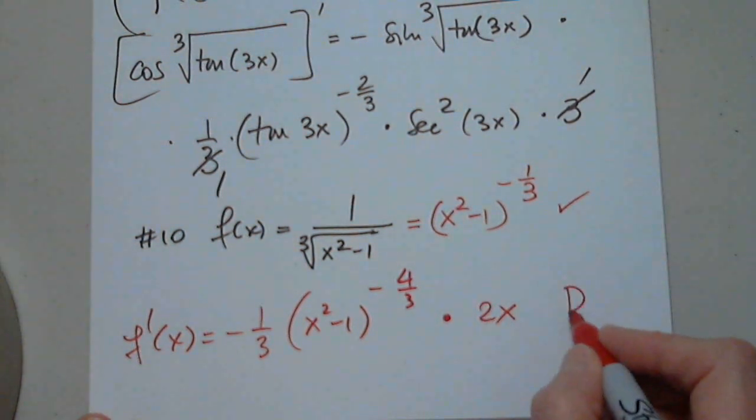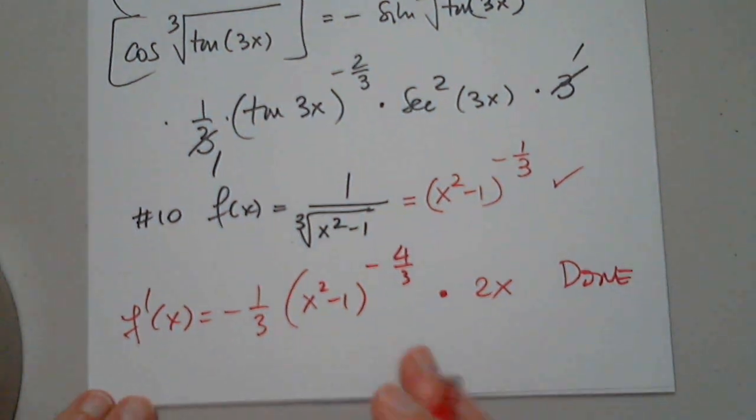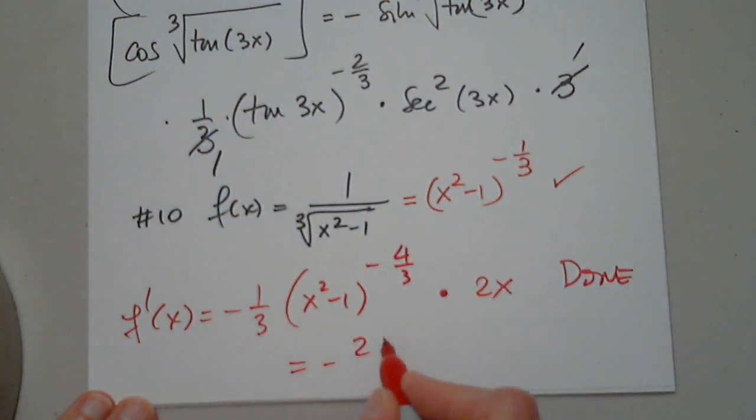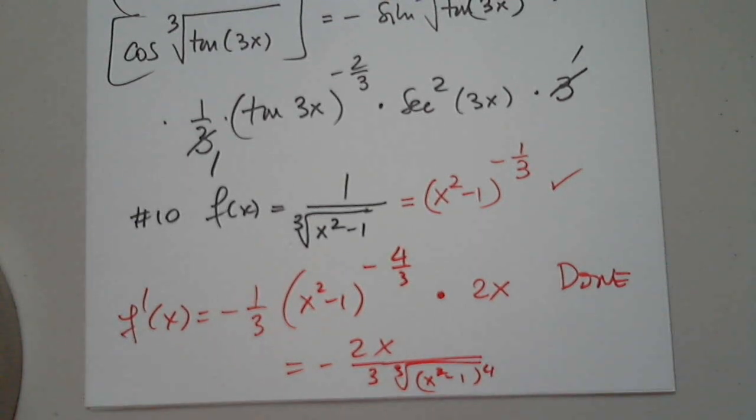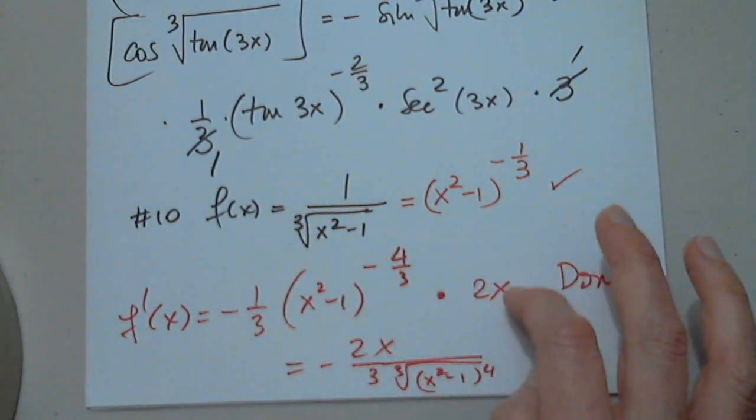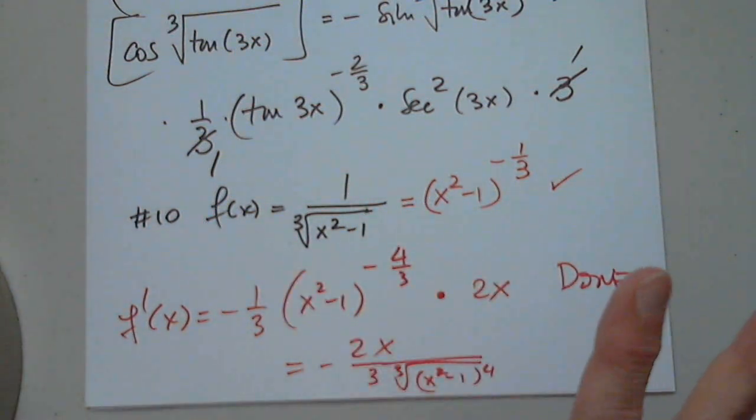Exactly. Done. If you want to rearrange it, I'm going to put negative 2x over 3 in front, and then change this maybe to the cube root of x squared minus 1 to the 4th power. Okay, but this is it. I don't have to use anything else.